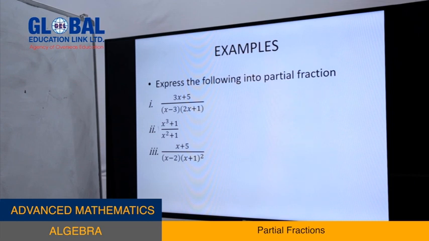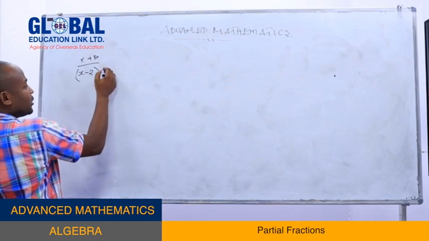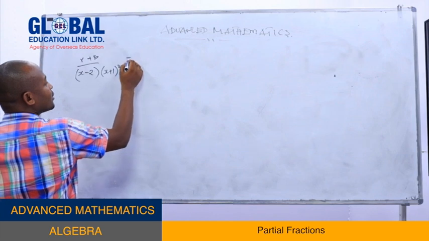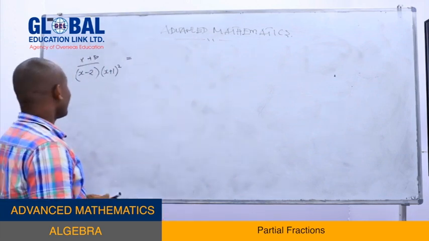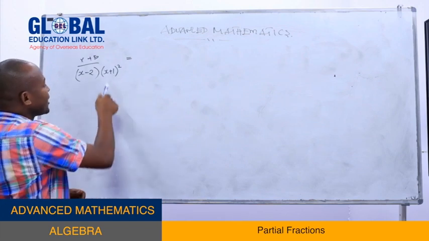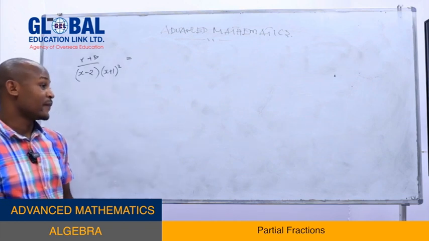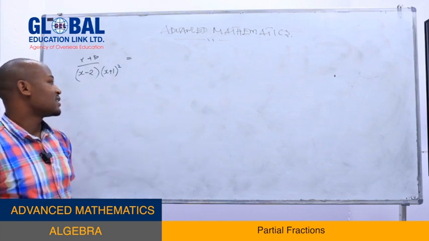Okay, now let's solve the next example. Let's solve the third one. We have (x + 5) divided by (x - 2)(x + 1) squared. Now, how do we do that? Remember, these roots are repeating. And the rule says what? If the roots are repeating, the rule for the repeating roots says like that.